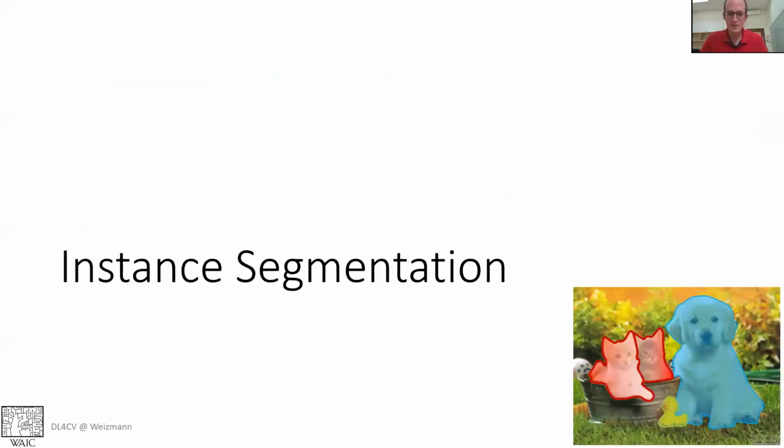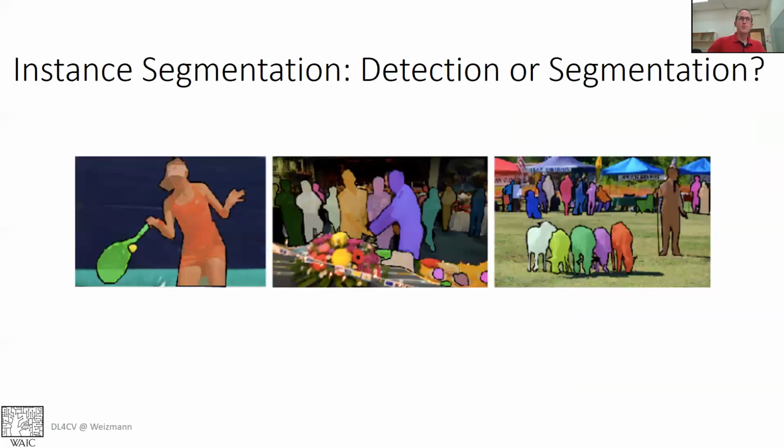And I'll rush through instance segmentation, the final task we are going to look at. In instance segmentation, we want not only to do segmentation to have labeling for each and every one of the pixels, like in semantic segmentation, but we also want to have different labels for the same type of object. So these are all person.